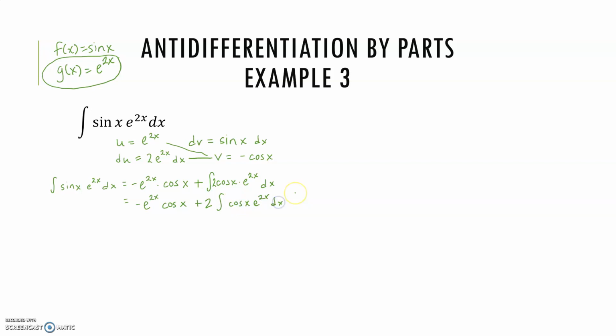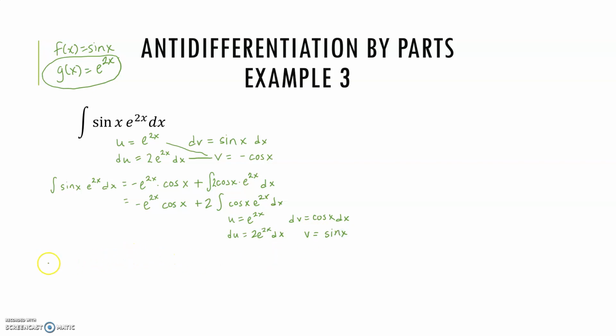So I'm just going to do it again. I'm going to say, well, u is equal to e to the 2x, dv is everything else. So du is 2e to the 2x times dx, and v is sine of x.